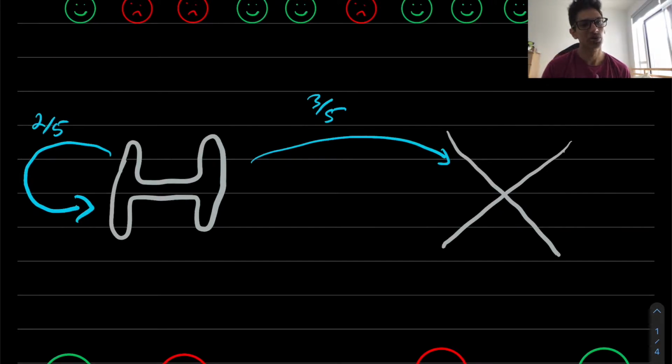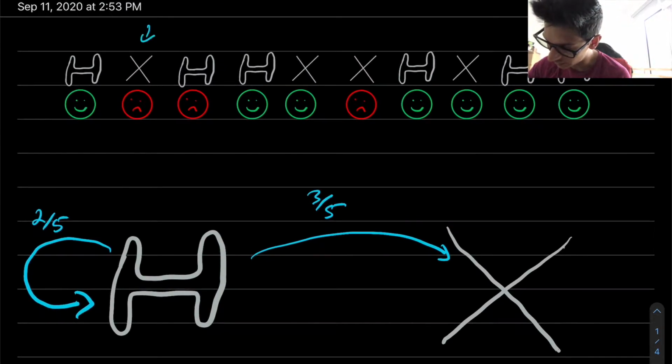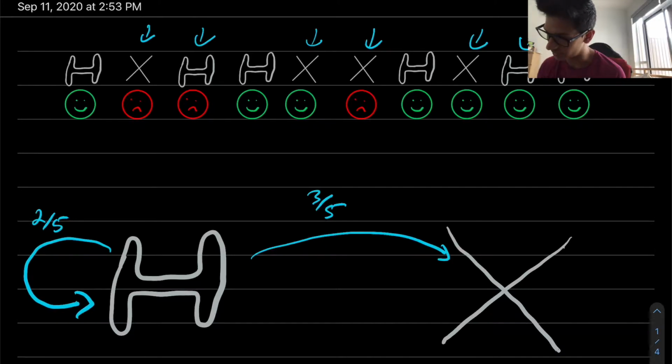Now let's look at the probability of him not working out the next day, given that he didn't exercise the previous day. So he didn't exercise this day, he did exercise the next day. Didn't exercise, didn't exercise. Didn't exercise, exercise.